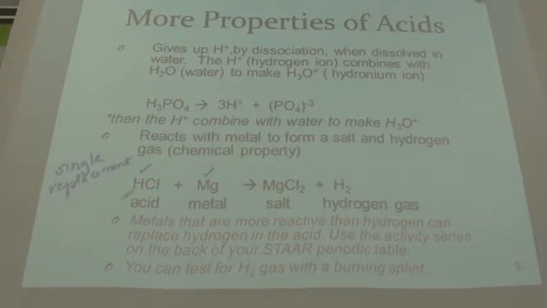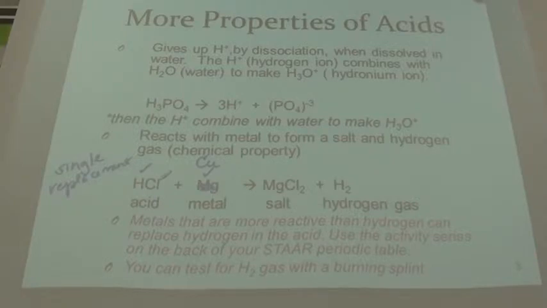All right, so you can tell if the reaction is going to work by the placement on the activity series. Let's say that I took copper wire. Let's change this to copper. And I dropped some copper into hydrochloric acid.